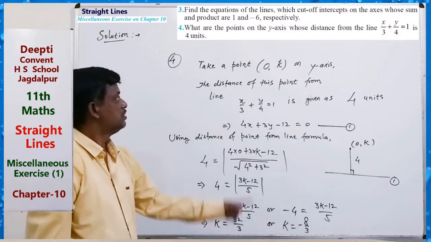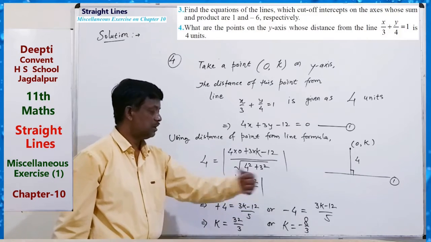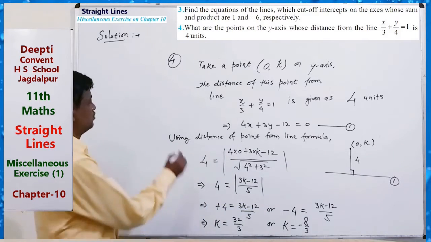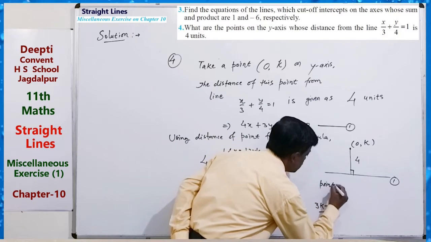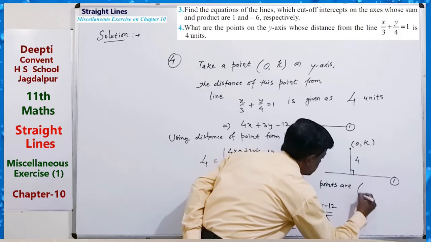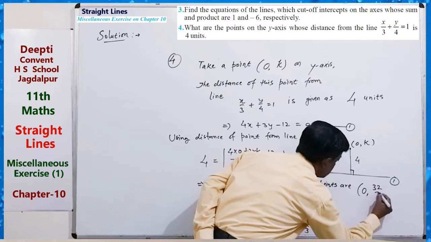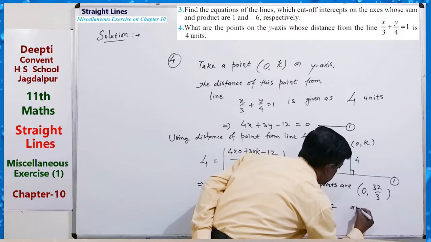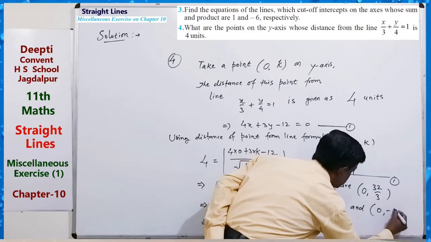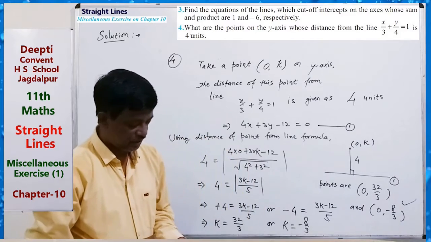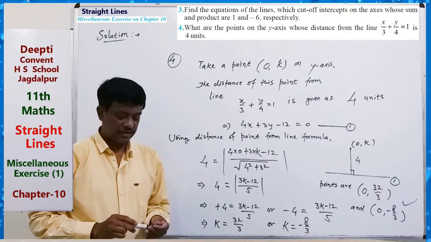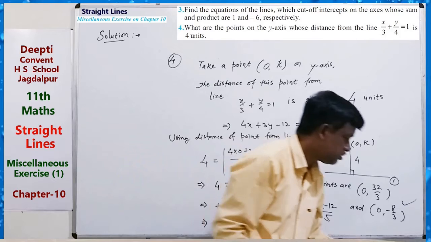Therefore, the points are 0, 32 by 3 and 0, minus 8 by 3. These are the points. Okay. So, this is the technique of finding points on the y-axis.